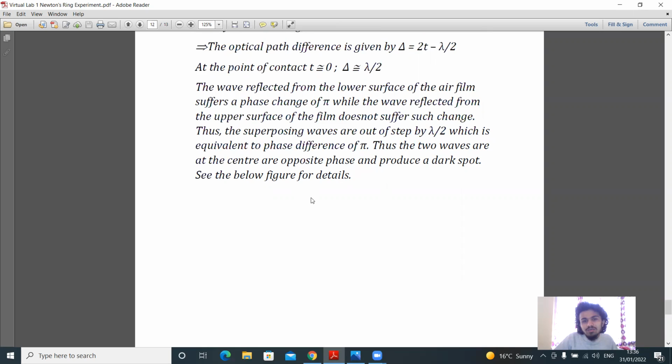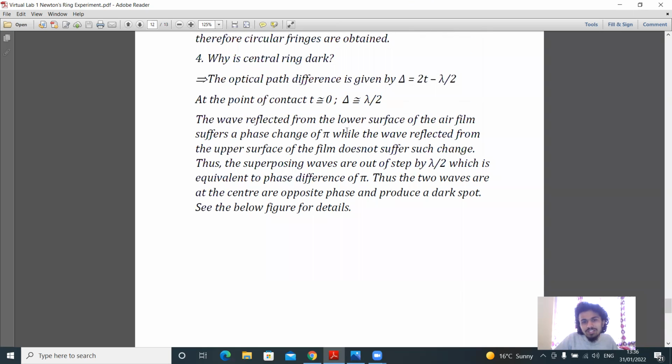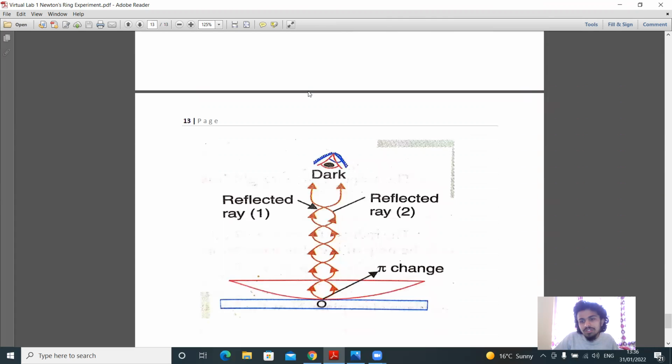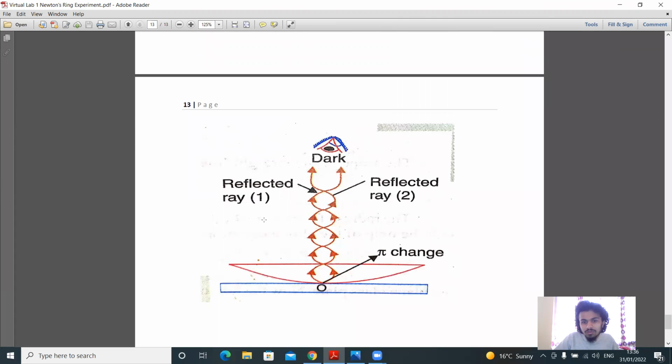To understand it clearly, we can see the figure below. This pi phase difference equals a lambda by 2 path difference. This is the equivalence relation between path and phase. So the central ring is dark. This much is the report I have prepared.